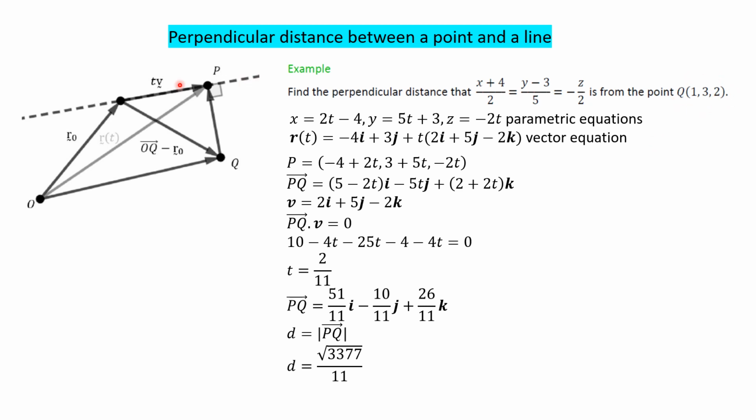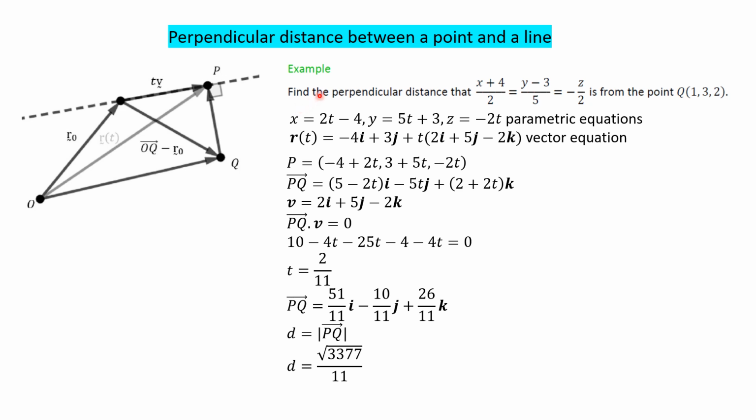So if you can look at the diagram here, that's the point Q. So if you let point P be a point on the line such that the line PQ is perpendicular to that line here. So from this Cartesian equation, you can work out the parametric equation.